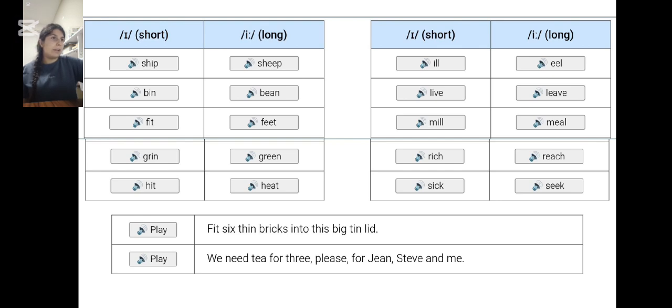Then short and long again: eel and eel, live and leave, meal and meal, reach and reach, sick and sick. And we see this example in words, but there are also some sentences. To see the obvious changes, you can read them again on your own.